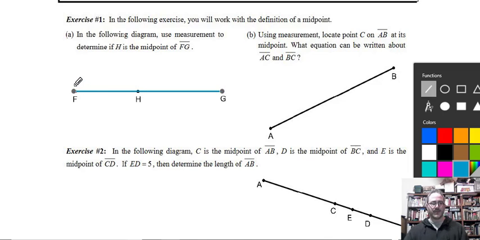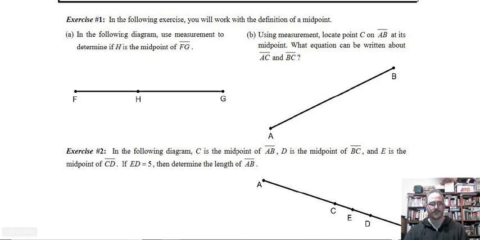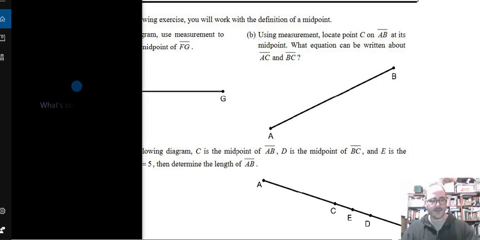FG is 4.07 in length here if I measure this. But if I measure H, I get 1.78. Let me use my tools here. That would be a great extra tool to have, a calculator. I think we'll try that.